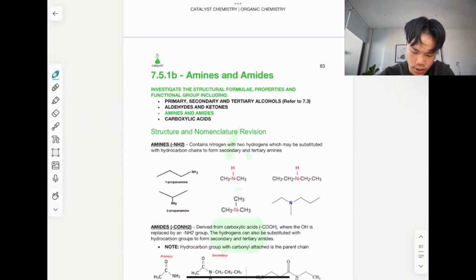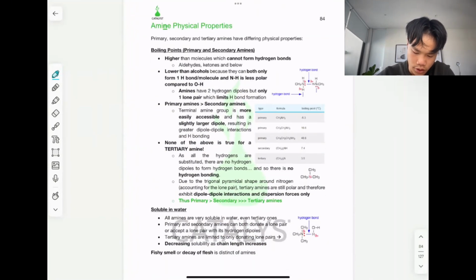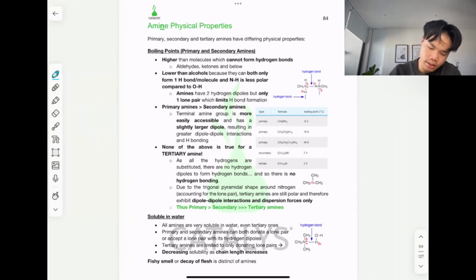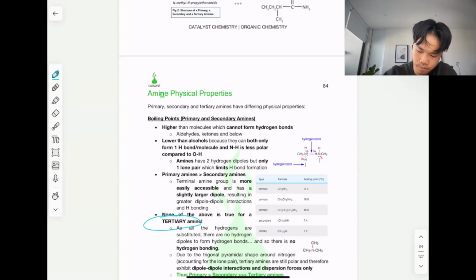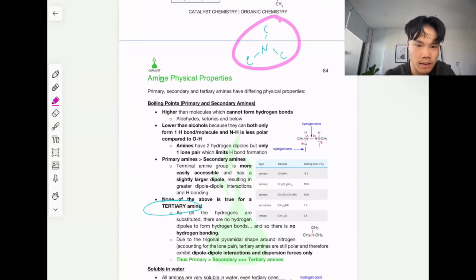I guess the only thing to consider for amines and amides is to be aware of tertiary amines. If you have a tertiary amine, C, N, C, C, you'd actually find that there's no possibility to form hydrogen bonding. So a tertiary amine is actually a non-hydrogen bond forming molecule. Just be wary of that.